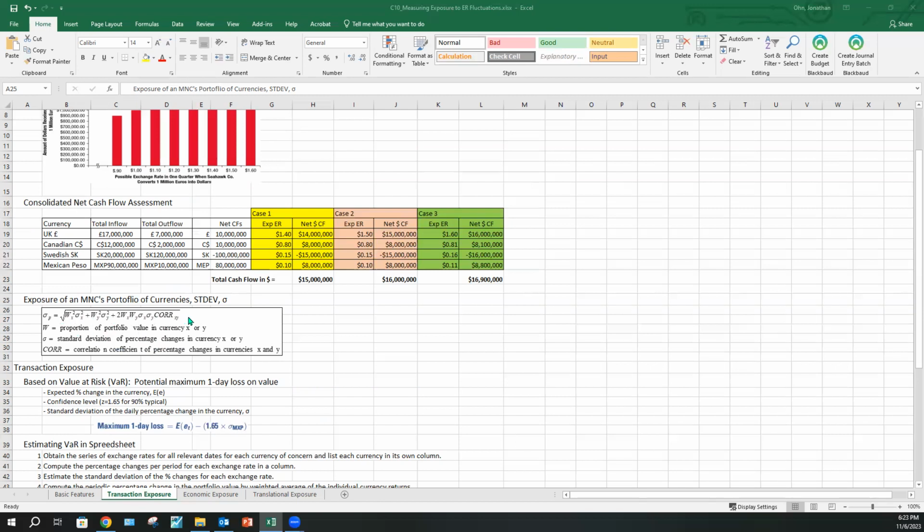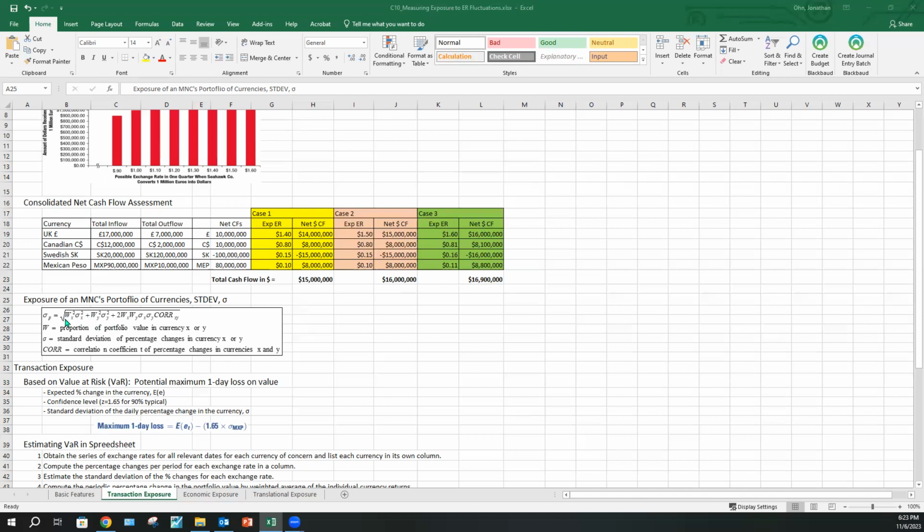This formula we borrowed from investment theory. If you happen to be in my investment management class, you probably saw this in chapter 6. This is portfolio theory proposed by Harry Markowitz.